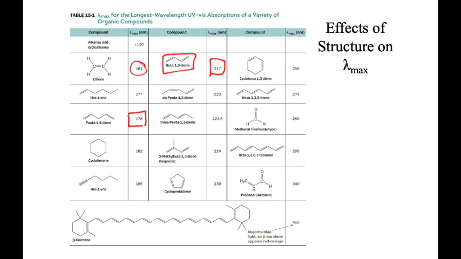If we drop all the way down to the bottom structure, beta-carotene, your wavelength is now 455. You're actually into the visible light spectrum. Okay? Which is useful, because when do you use beta-carotene? Retinol? Okay.